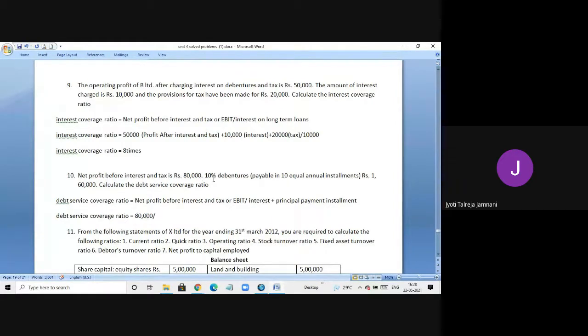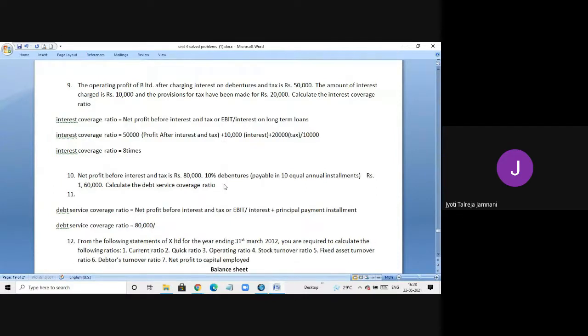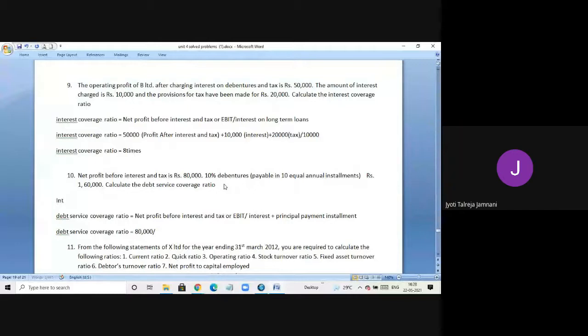So here interest, if you see, they have told 10% debentures of rupees 1,60,000. So interest is 10% on 1,60,000. We'll calculate it here separately first. Interest is equals to 1,60,000 into 10%, which comes to 16,000.